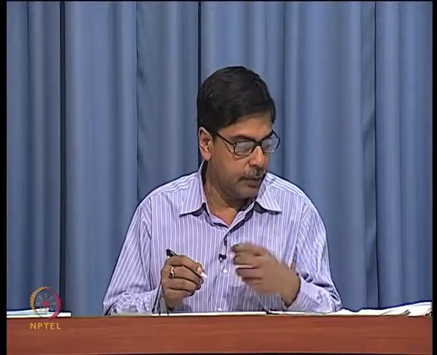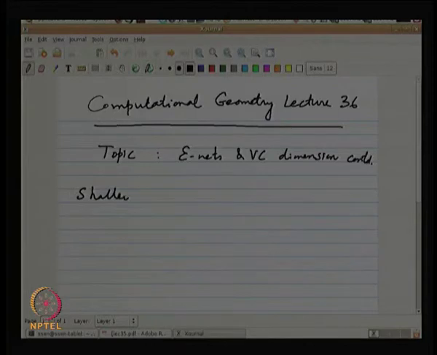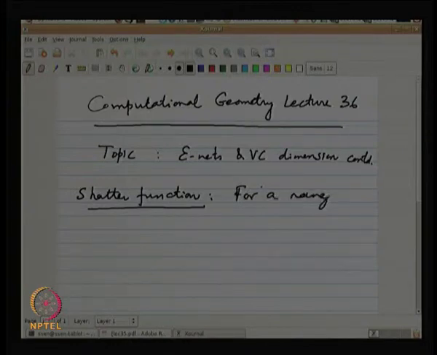Here is another definition, a twist on the shatter, and that is called the shatter function, for the range space equal to (X, R).